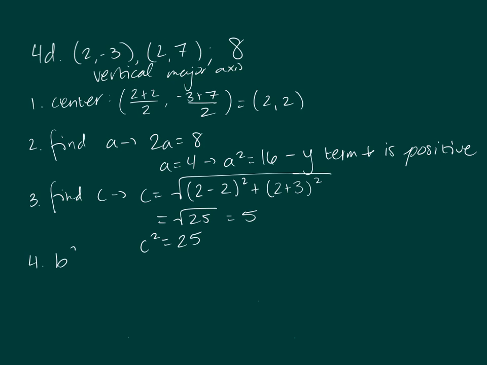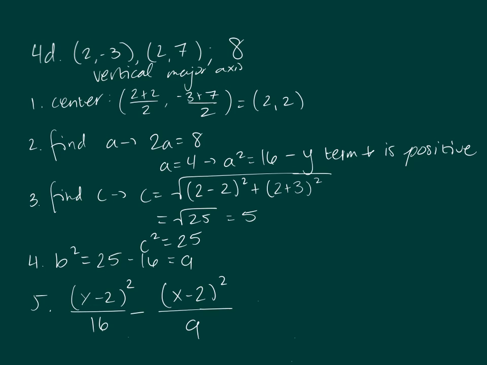And then b squared is just c squared minus a squared, so 25 minus 16, which is 9. And so then our equation will be (y minus 2) squared over a squared, which is 16, so over 16, minus (x minus 2) squared over 9 is equal to 1. And that's our answer. Okay, and so hopefully this helps you guys out a little bit with figuring out these problems.